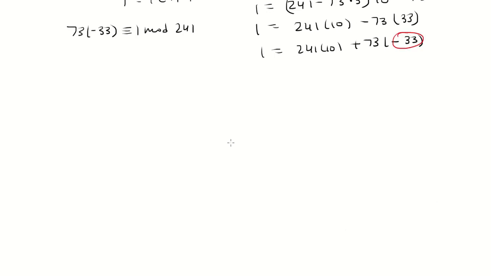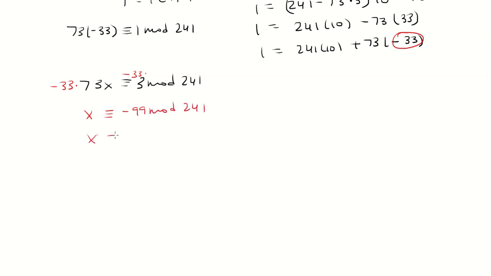So now I need to solve 73x congruent to 3 mod 241. So I'm going to multiply both sides by the multiplicative inverse, which is negative 33. So this is going to be x congruent to negative 99 mod 241.